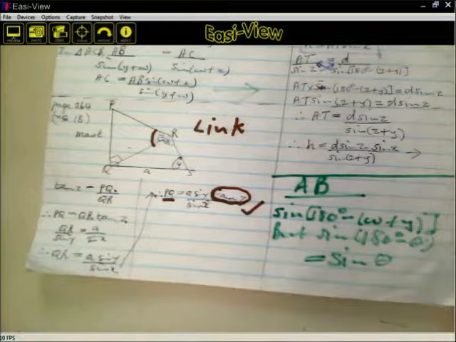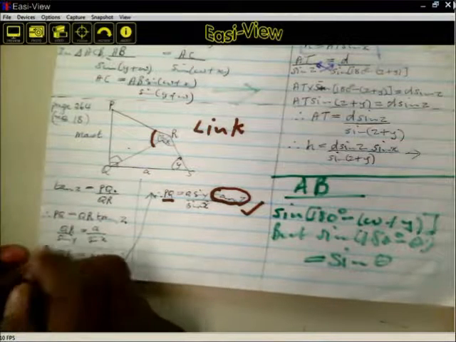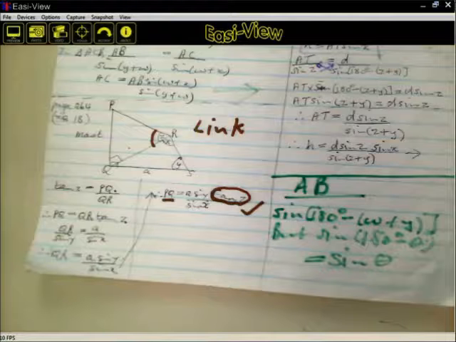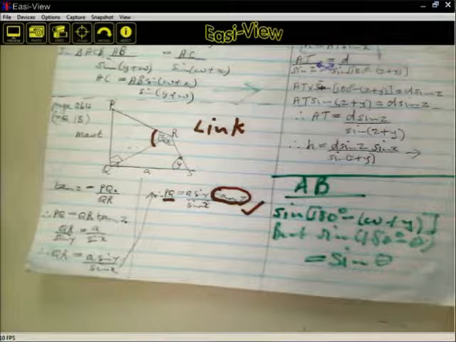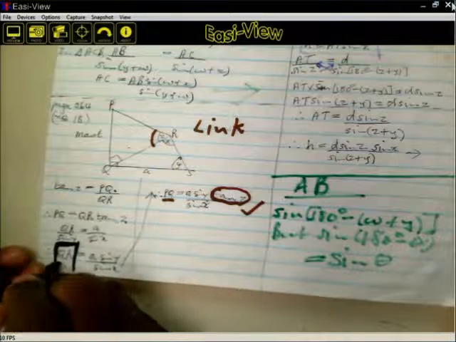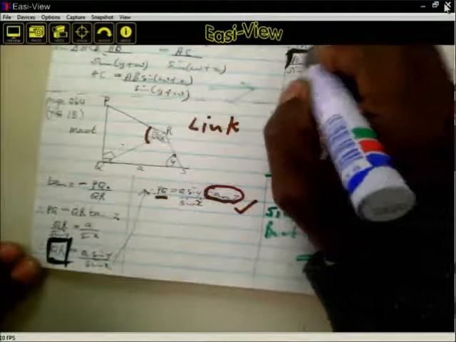I want us to concentrate on this. Hey, your pens. On this QR and this AT here.